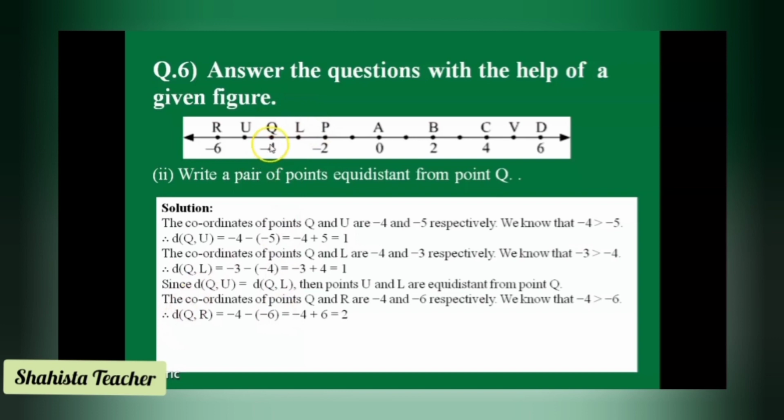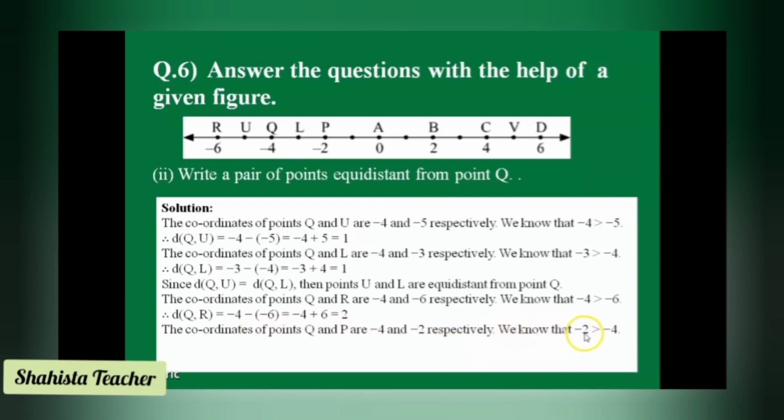Here we will write: the coordinate of Q is minus 4 and the coordinate of P is minus 2 respectively, where P is greater than Q. Minus 2 is greater than minus 4. Is that clear? Statement: the coordinates of points Q and P are minus 4 and minus 2 respectively.